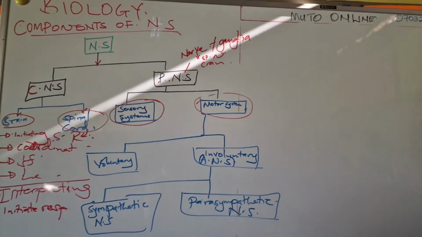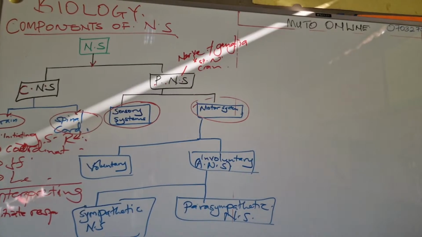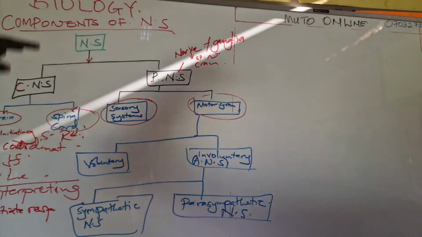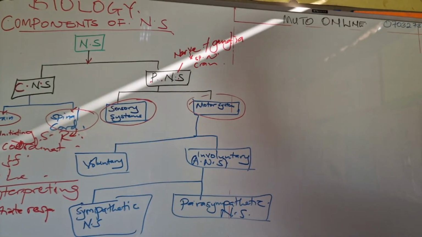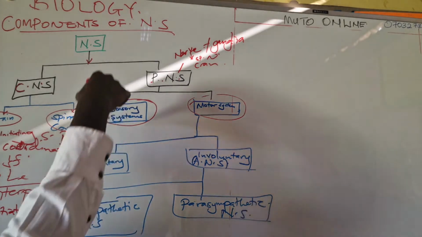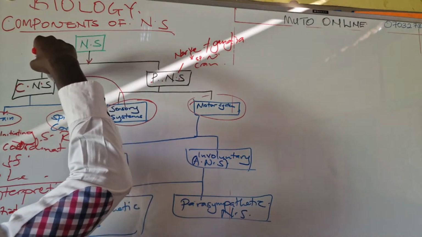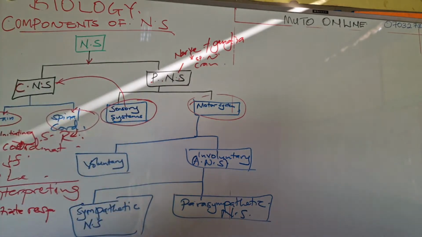So the peripheral nervous system will be divided into two. The sensory system, which will comprise sensory nerves, sensory neurons interconnecting to form sensory nerves, and the motor system. The sensory system will be carrying the information in form of impulses to the central nervous system.